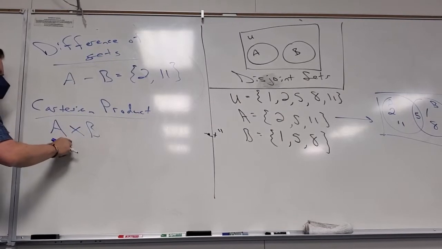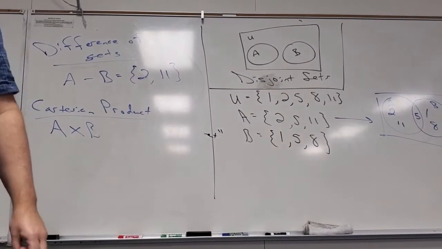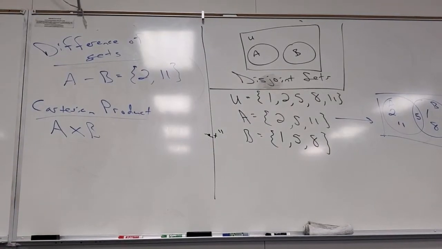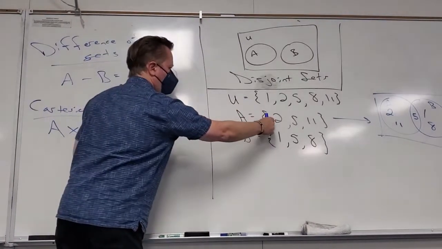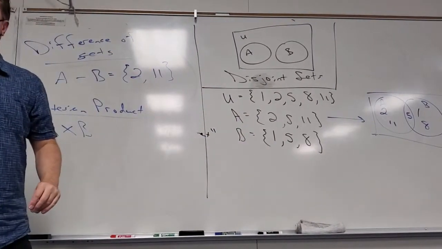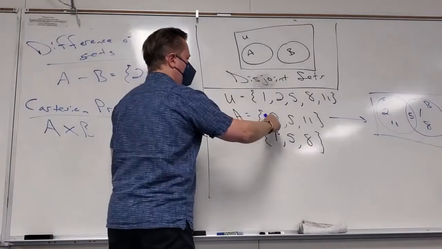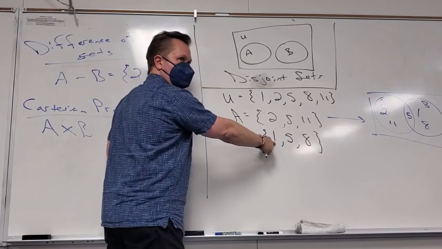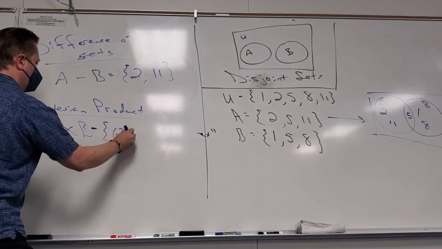What this means is I want to create all the possible pairs with one element from one set and one from the other. So like all the possible points that I can make between the two sets. So for example, can I make the point 2, 1? Yes. What else? 2, 1. 2, 5.